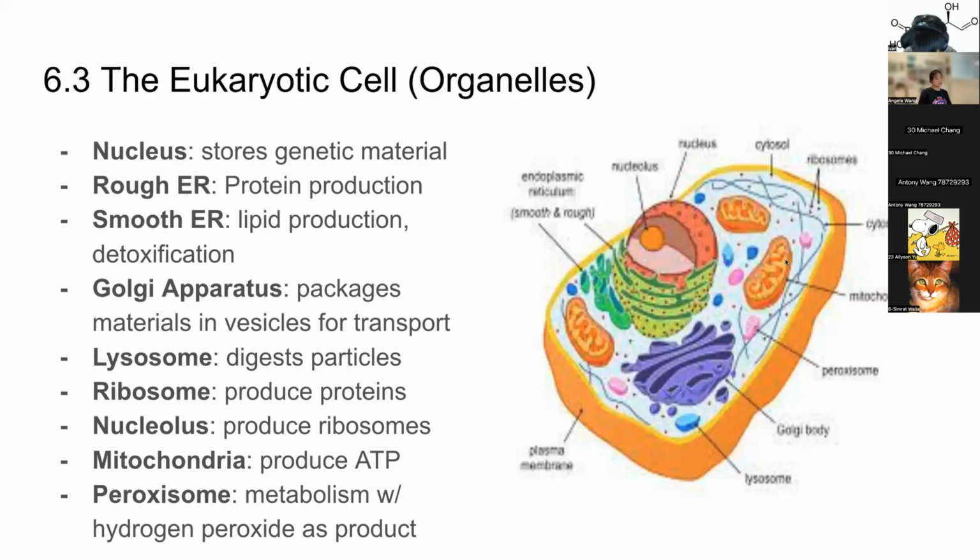The lysosome digests particles, both intra and extracellular. Ribosomes produce proteins. The nucleolus produces ribosomes from ribosomal RNA. The mitochondria produces ATP for the cell as energy. And the peroxisome takes charge of metabolism and produces hydrogen peroxide as a product.